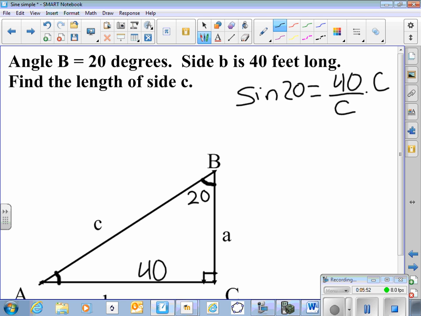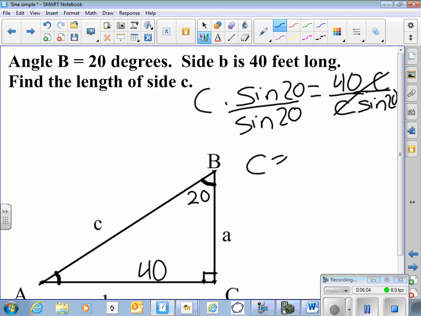So let's get that out of the denominator. Let's get it all by itself. So C is equal to 40 divided by the sine of 20 degrees.